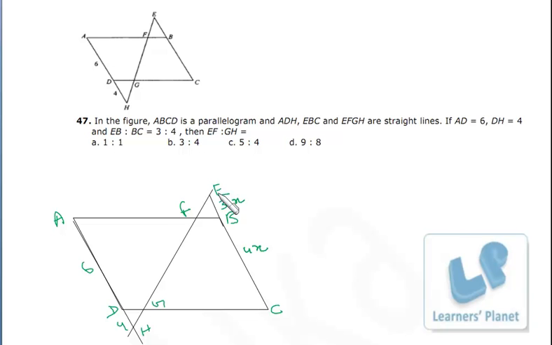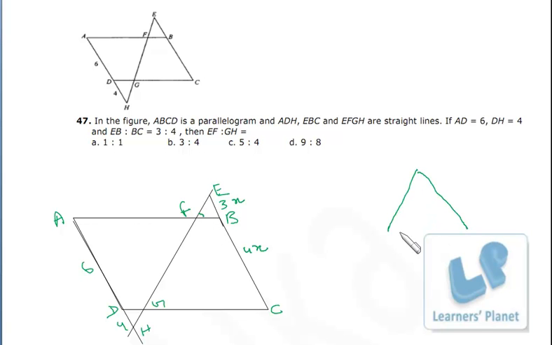Now triangle EFB and triangle EGC are similar triangles because FB is parallel to GC. So this angle will be equal to this angle and this angle will be equal to this angle. So it is AA similarity, right? If two triangles are similar, their corresponding sides will be in ratio. Apart from that, we can also apply the basic proportionality theorem.